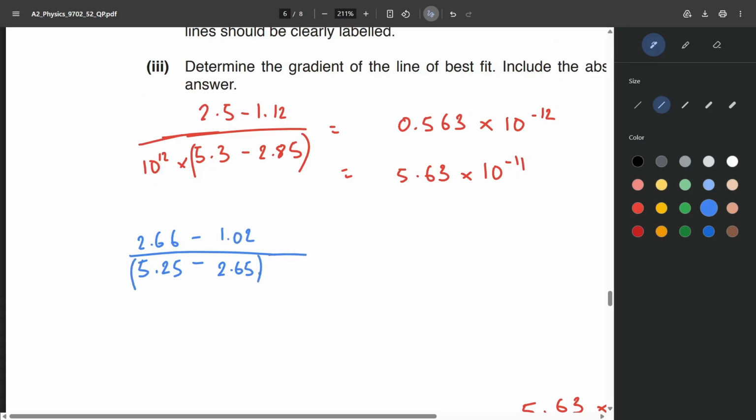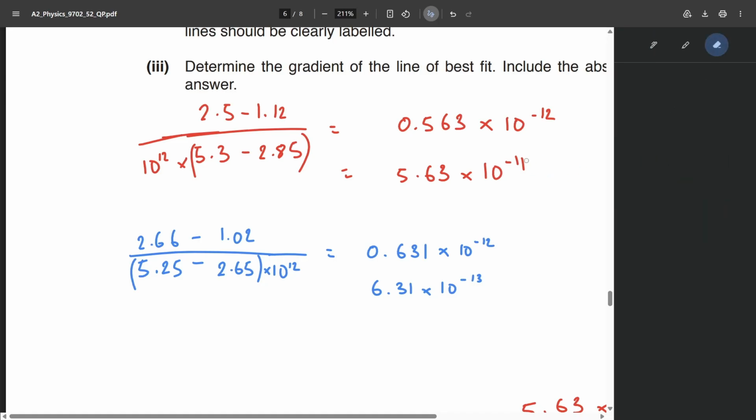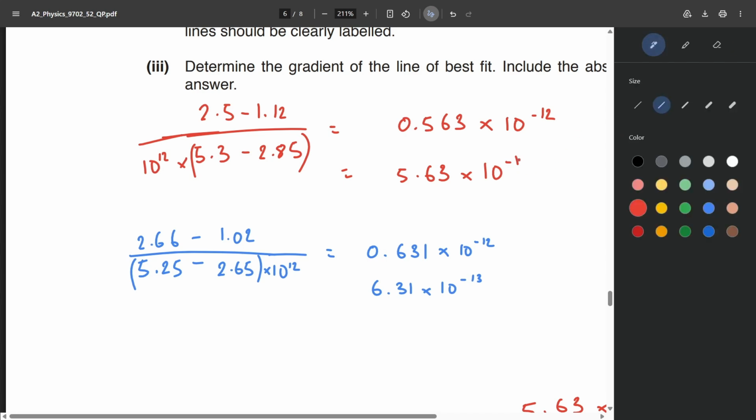The denominator will be multiplied by 10 to the power of 12, which gives us 0.631 times 10 to the power of minus 12, which is the same as 6.31 times 10 to the power of minus 13. Oops, the value here would be 10 to the power of minus 13, not 10 to the power of minus 11.